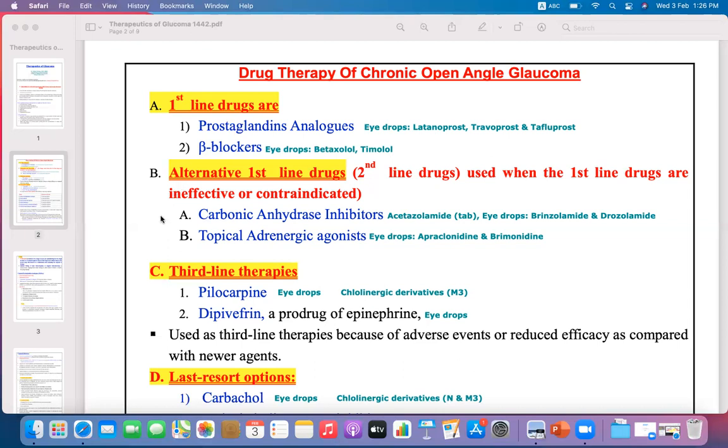Or if the first line agents are contraindicated, you can start with the second line agents. So the second line agents are used when the first line agents are ineffective or contraindicated.